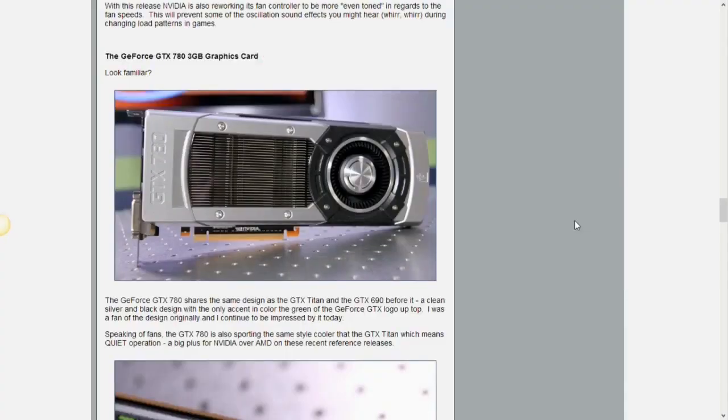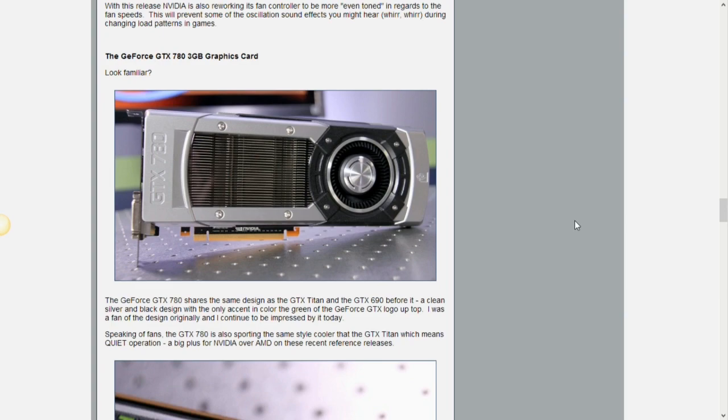If that's what you were guessing, you are correct. If you guessed lower than that, I'm sorry to disappoint you. This is a $649 MSRP graphics card, which puts it in an interesting place. So the Titan is $1,000. The GTX 690 is $1,000. So we are looking at $350 less than those two cards.